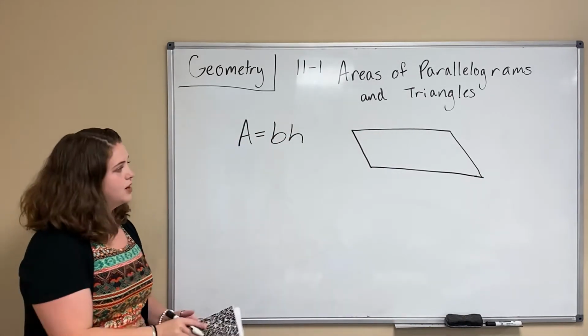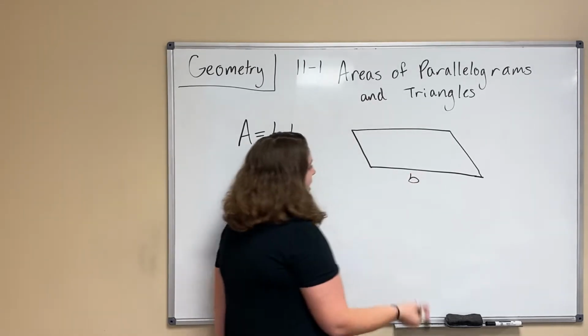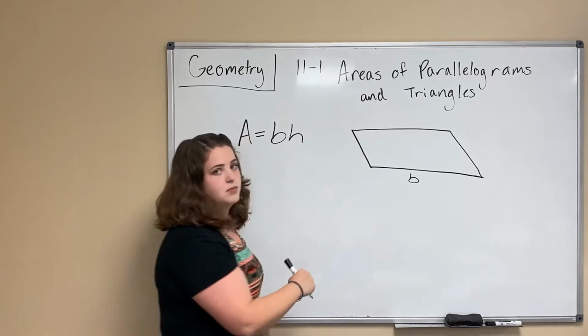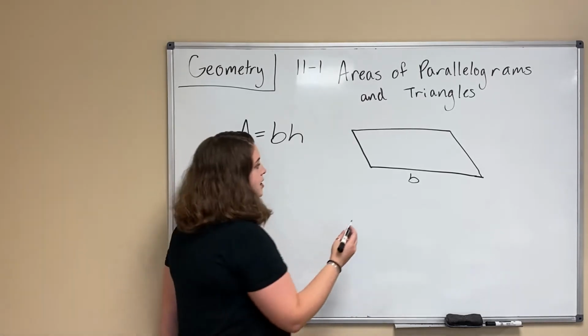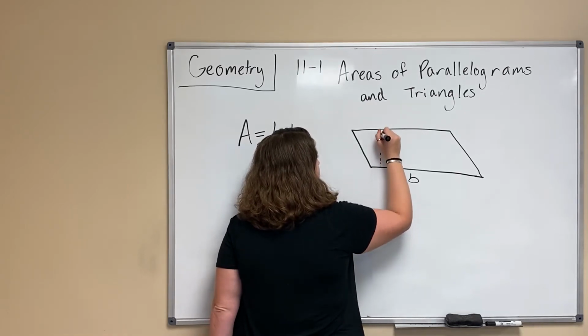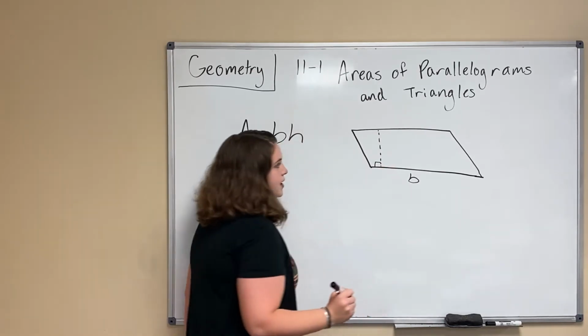Just to keep things straight in my head, I usually pick the bottom one. And the height is not the length of the other side, like it would be in a rectangle or a square. It's the distance from your base to the opposite base at a right angle.